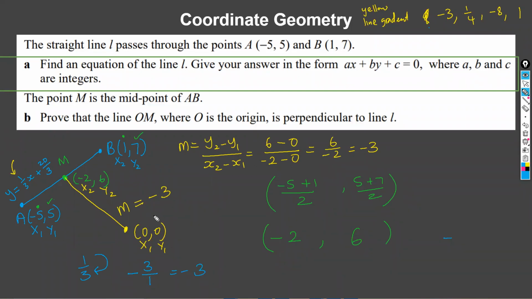If you have two gradients next to each other, if you could flip one and change the signs, you are getting the gradient of the other line, which means that they are perpendicular. In other words, each one is the negative reciprocal of the other. Right? So they are perpendicular.